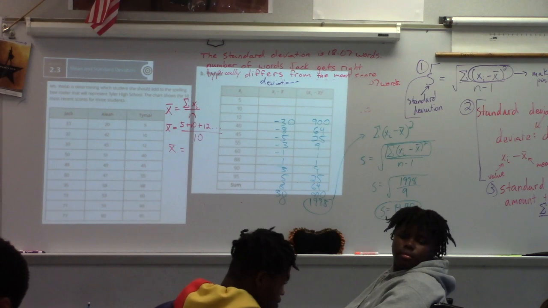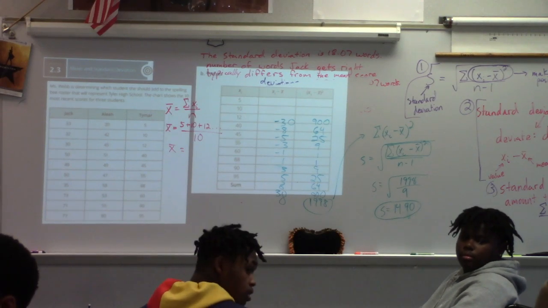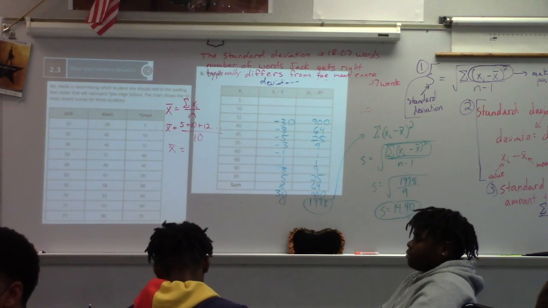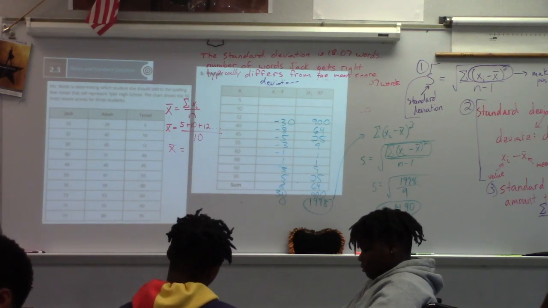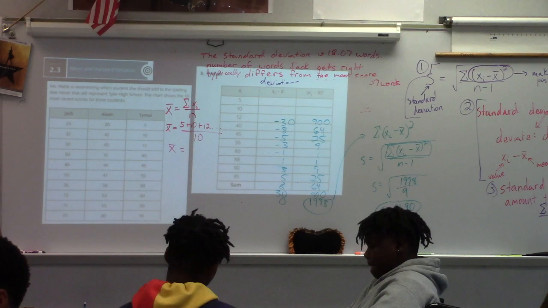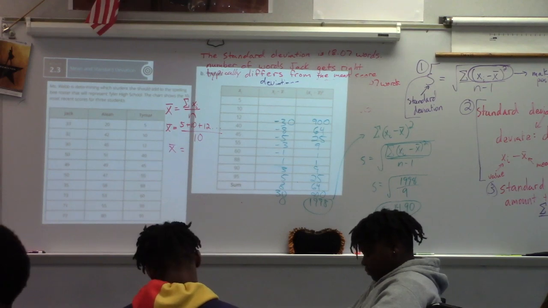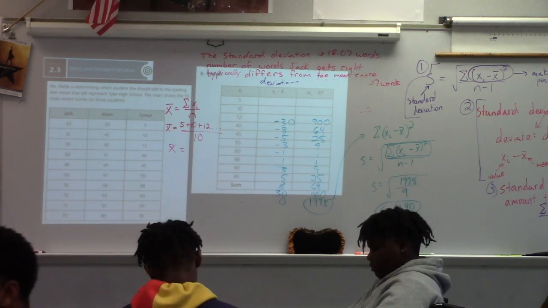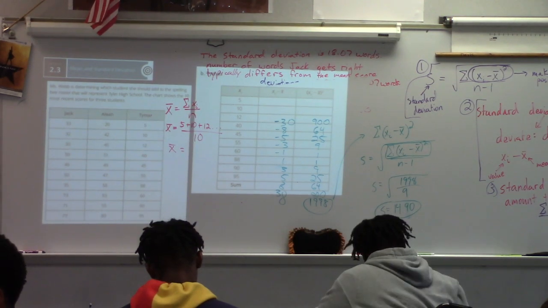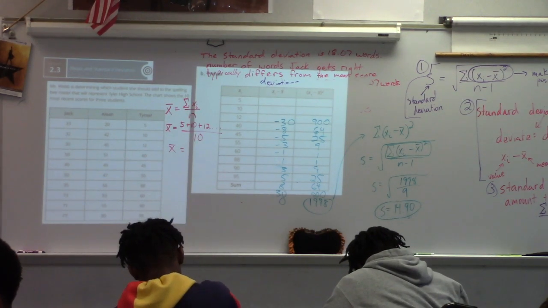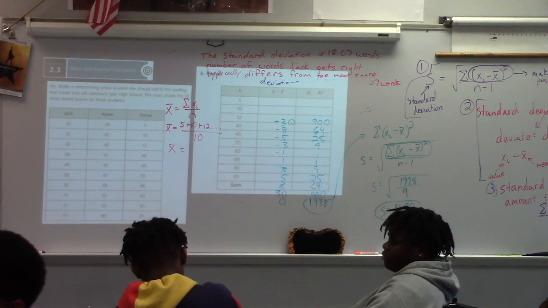Typical amount data deviates from the mean. Okay? You see that x minus x bar? That's taking each of these values and subtracting the mean from it. This right here is telling you how far each of these numbers deviates from the mean. Okay?